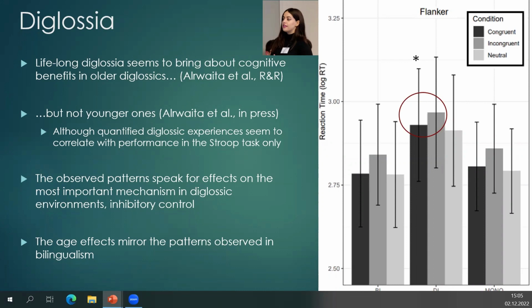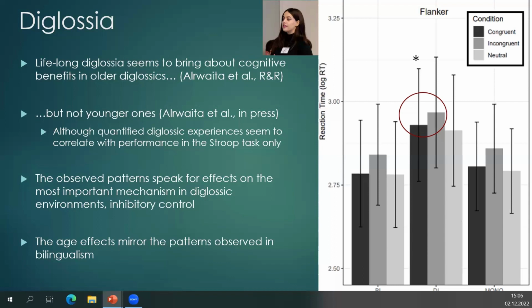So diglossia is interesting because it's a very good example of a single language context. Standard Arabic for formal purposes, local Arabic at home, and that's it. Which means that it requires a great deal of inhibitory control. You need to be very, very efficient when you inhibit the non-target language because of the social norms that will not allow you to speak the local language at the Ministry of something, right?